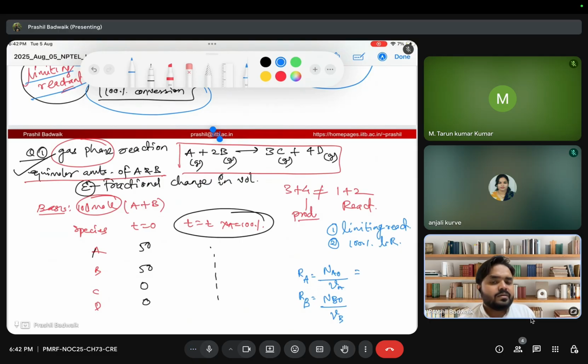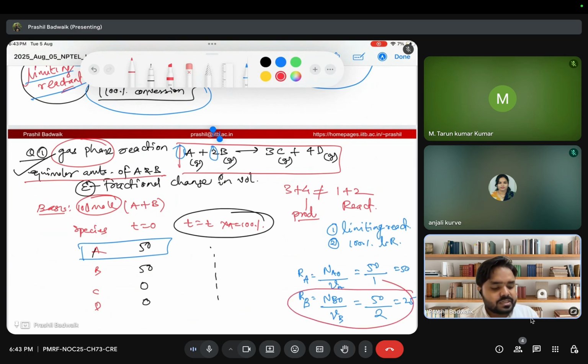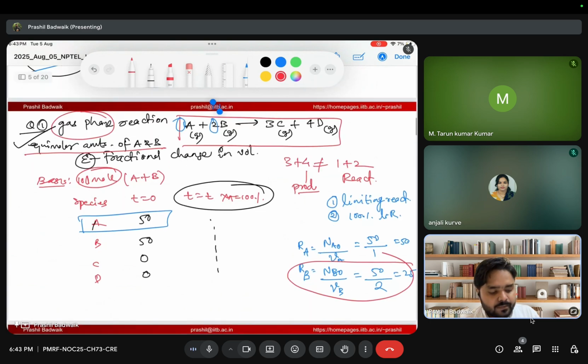So can you tell me, number of moles of A at the start is 50, divided by its stoichiometric coefficient 1, and number of moles of B at the start is 50, and the stoichiometric coefficient is 2. That means this is 25, this is 50. Which one is lesser? Lesser is B. That means this is my limiting reactant.